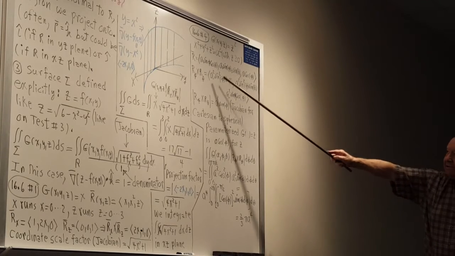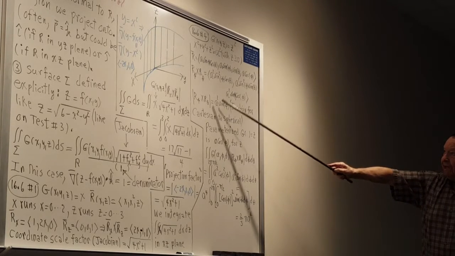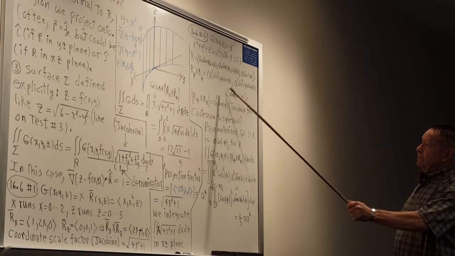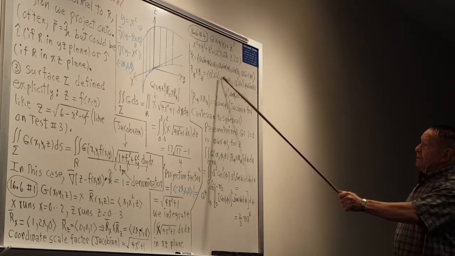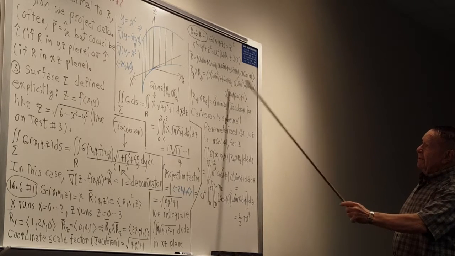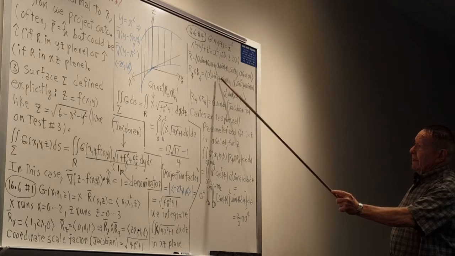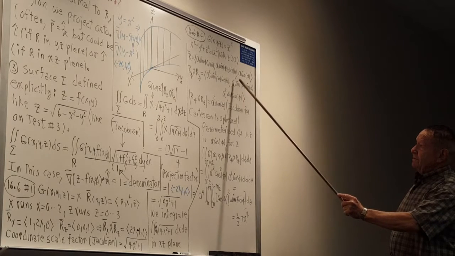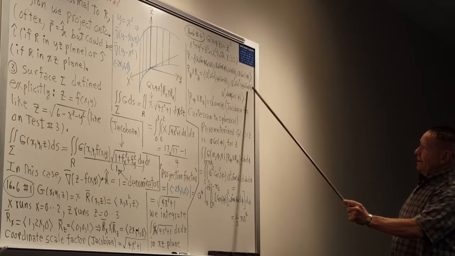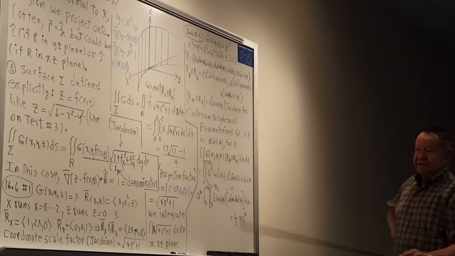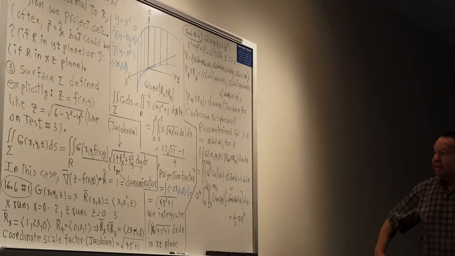You can see that a square comes out as a factor, and then when you dot this with itself, you're going to have the sine square as a factor, and then you'll have sine square theta plus cosine square, which is 1, and it'll work out.